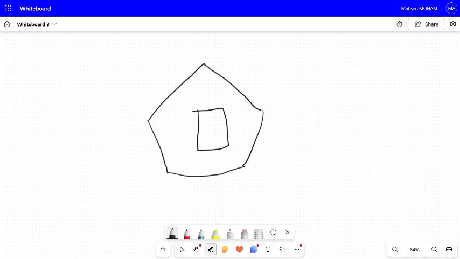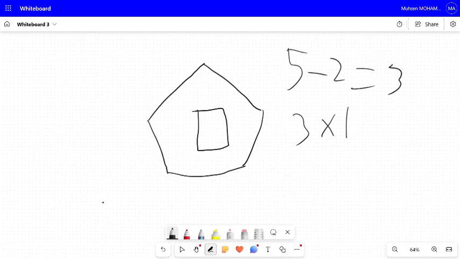Using the rule that we just learned, we will do 5 minus 2 equal to 3, and then 3 times 180, I mean, would be equal to 540.